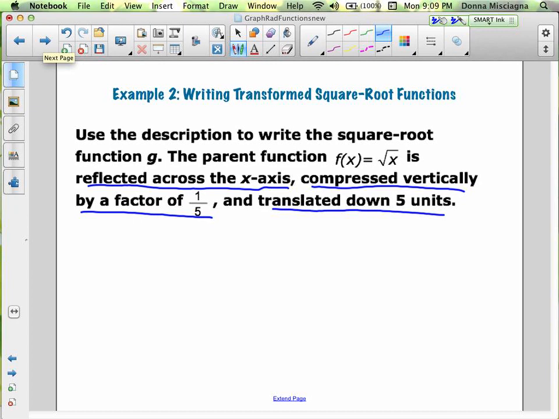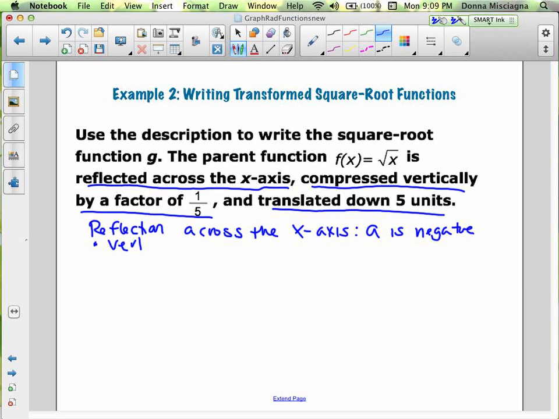All right, so let's think about how each of these things affects our function. If we have a reflection across the x-axis, then a is negative. Also, we have a vertical compression, and the factor is 1/5.